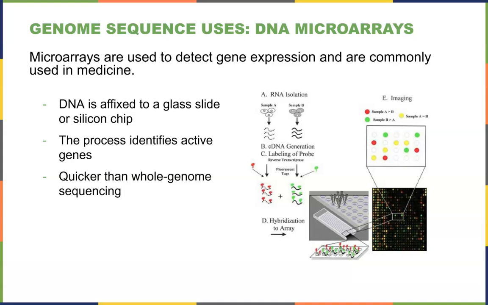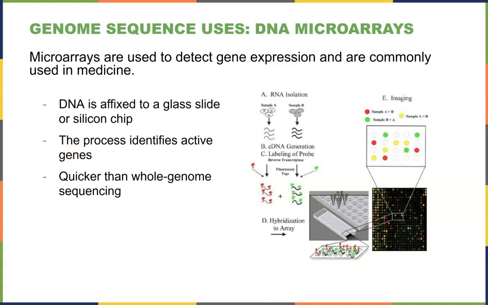Genome sequence uses DNA microarrays. So microarrays are used to detect gene expression and are commonly used in medicine. And so DNA is affixed to a glass slide or a silicon chip, and the process just identifies active genes.